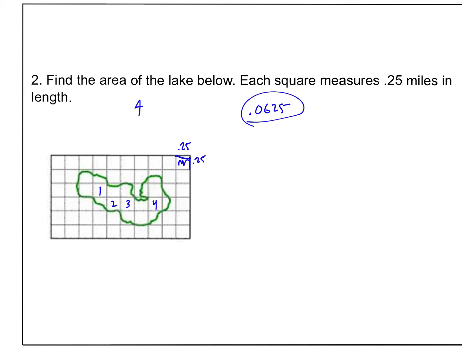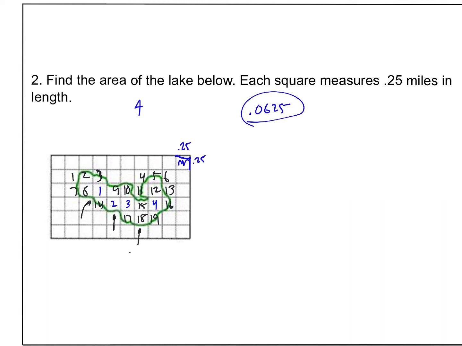Then you've got a whole bunch of halves. I'm going partials. 1, 2, 3, 4, 5, 6, 7, 8, 9, 10, 11, 12, 13, 14. I don't know if you can argue that one. 15, 16, 17. You could almost argue that one. 18, 19.